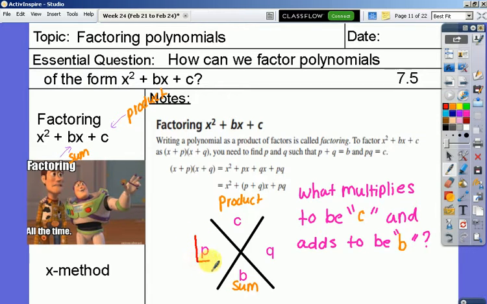The P and the Q are the two numbers that multiply to be C and add to be B. Okay, once we do one of these, it will become clear.